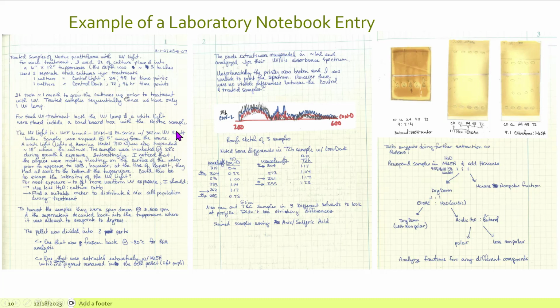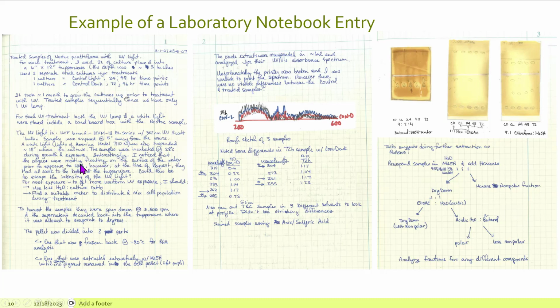We could repeat that UV exposure. Samples were exposed at 5 inches away from the source. A white light, Light of America model 7110N, was also suspended at 18 inches above the culture. The samples were incubated at 28 degrees during growth and exposure.